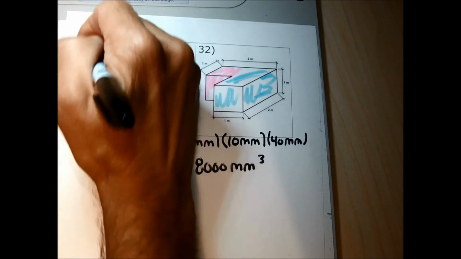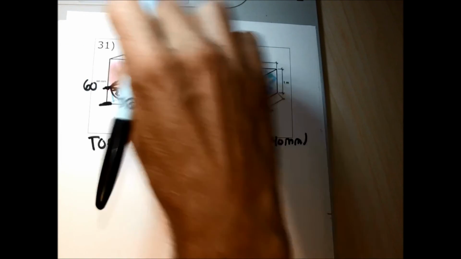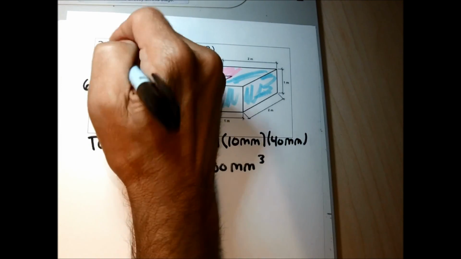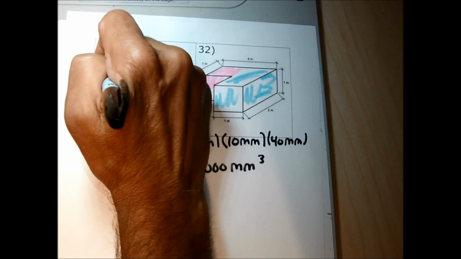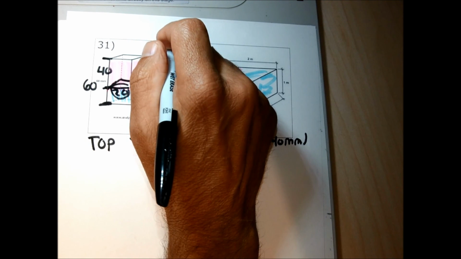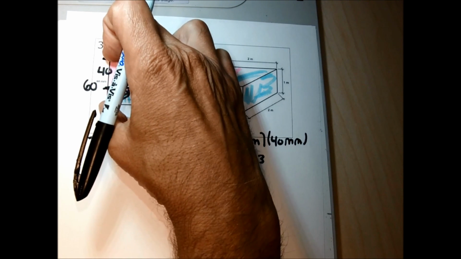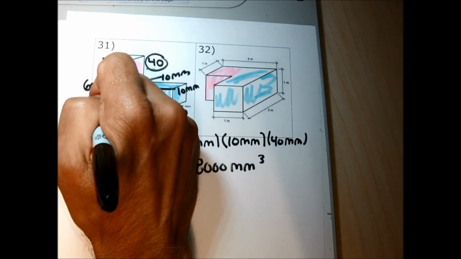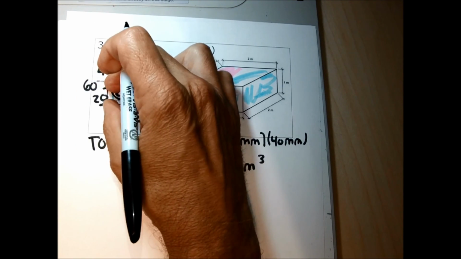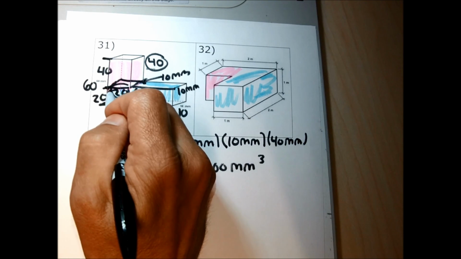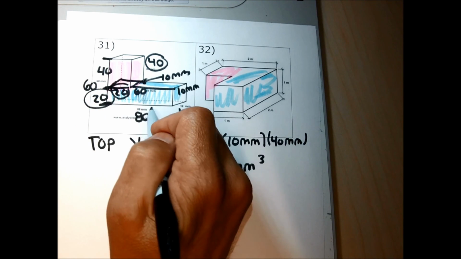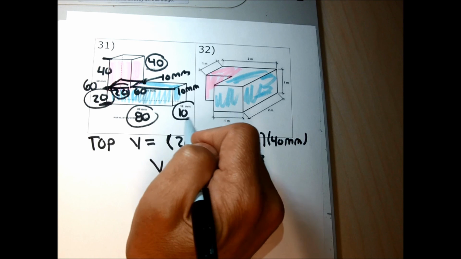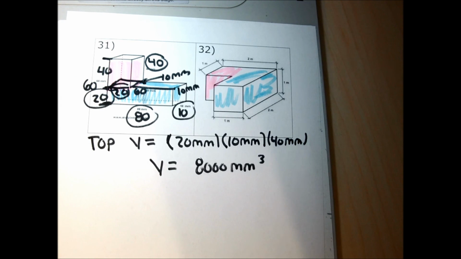The whole length from top to bottom is 60, and this distance right here is the same as that distance, which is 40. So if the whole length from top to bottom is 60 and that part's 40, the difference between 60 and 40, which is 20, is that little length. So the bottom rectangular prism, its 3 unique lengths are 80, 20, and 10.